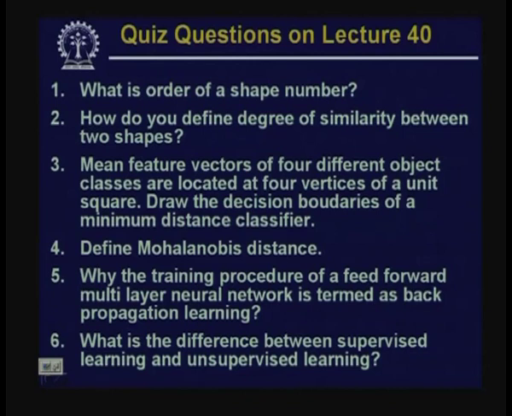Draw the decision boundaries of a minimum distance classifier. Then define Mahalanobis distance. Why is the training procedure of a feed-forward multi-layer neural network termed back propagation learning, and what is the difference between supervised learning and unsupervised learning?